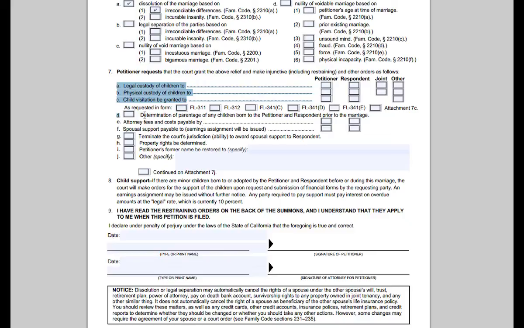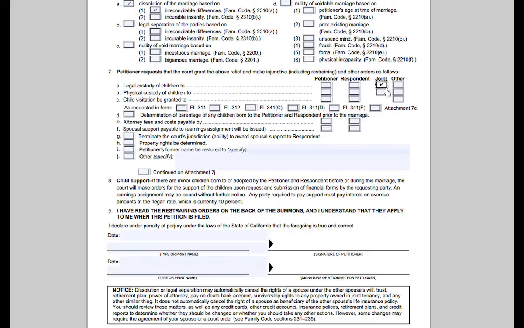If you want sole legal custody, check the petitioner box. If you want to give sole legal custody to the respondent, check the respondent box. If you want to share the responsibility of making these important decisions with the respondent, check the joint box. For the sake of our example, I'm going to check joint.